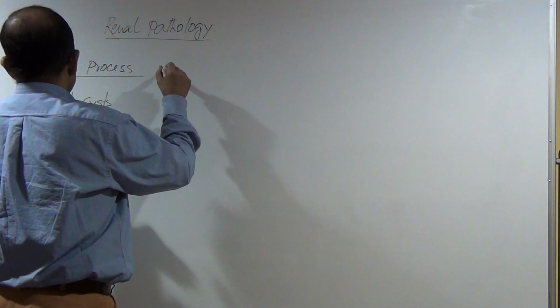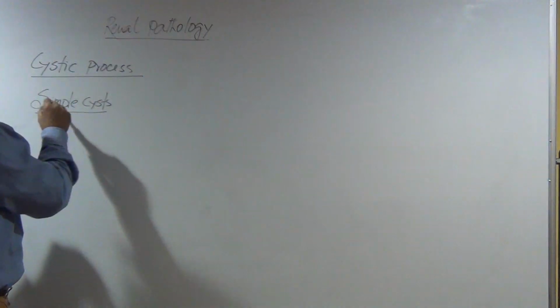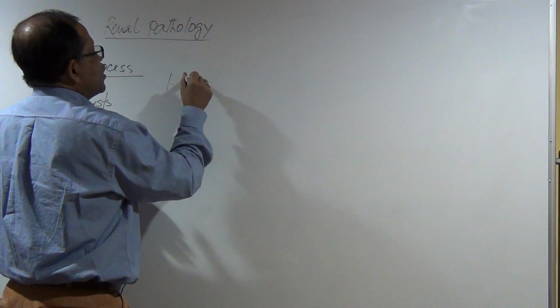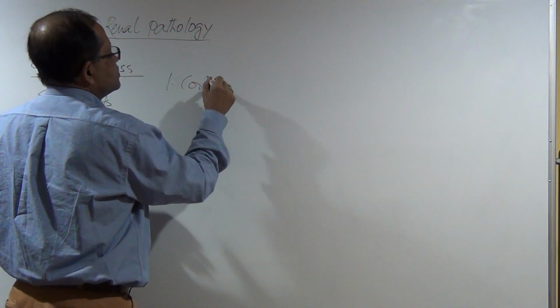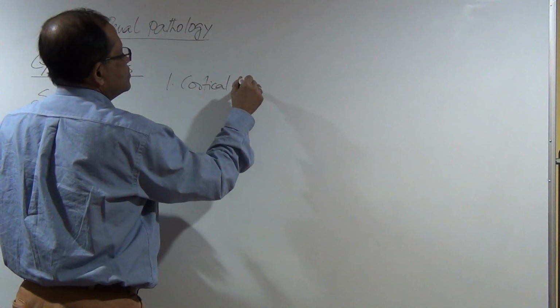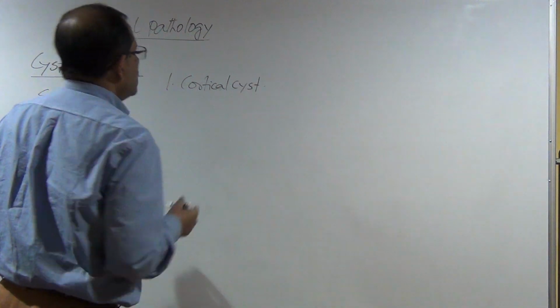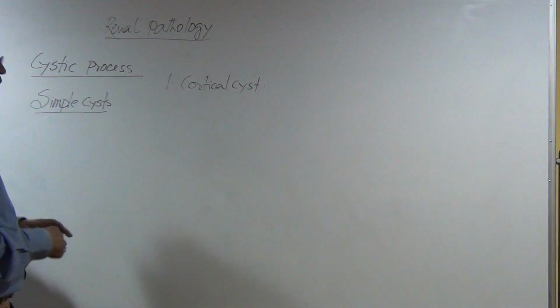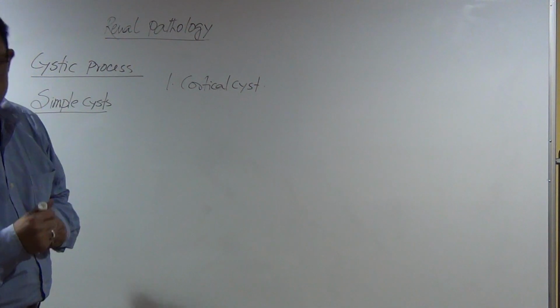One is cortical cyst. What does cortical cyst mean? The cyst in the cortex of the kidney.